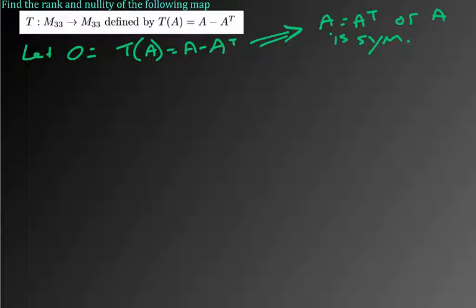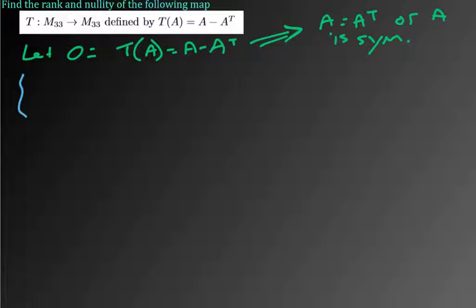So that means anything in the kernel is going to be defined by a symmetric matrix, and for 3x3s, that would take 6 basis vectors.